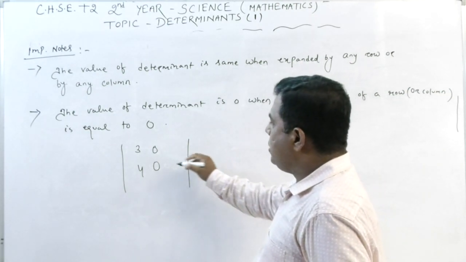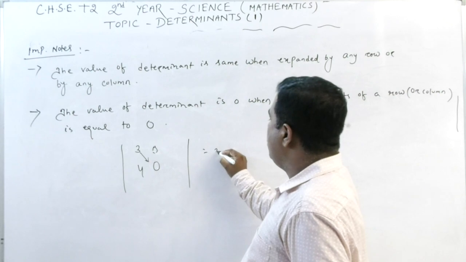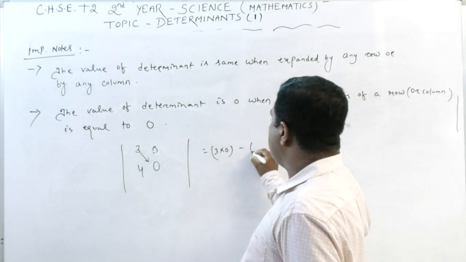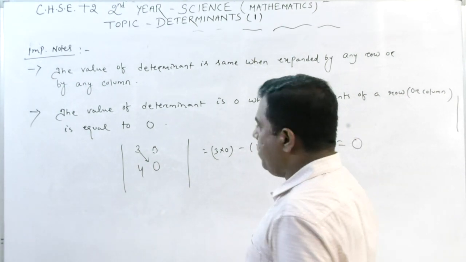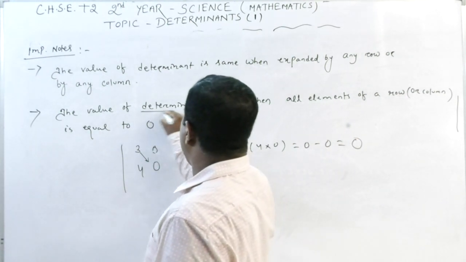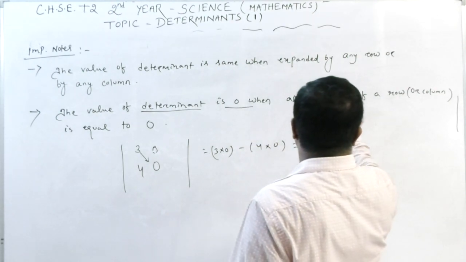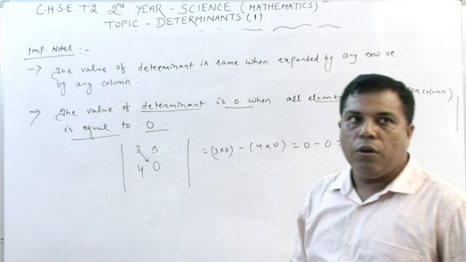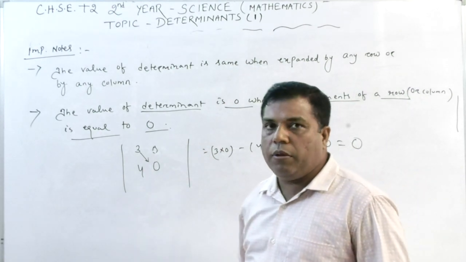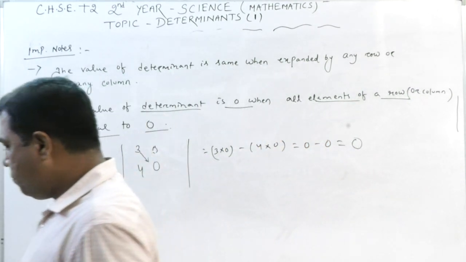You can evaluate it. It is 3 into 0 minus 4 into 0, so it is equal to 0. So the value of determinant is 0 when all elements of a row or column are equal to 0. Dear students, this is one of the valuable pieces of information for you.